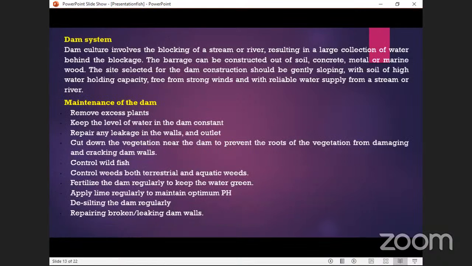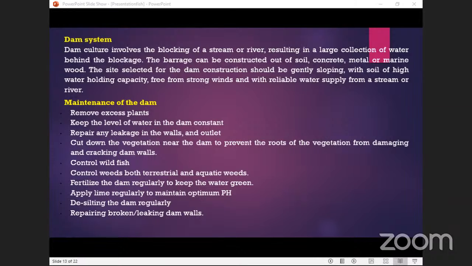Becky, read for us, a dam system. Is it better to use a dam to capture fish? What is involved in the dam system? Yes, please. Dam system. Dam culture involves the blocking of a stream or river, resulting in a large collection of water behind the blockage.